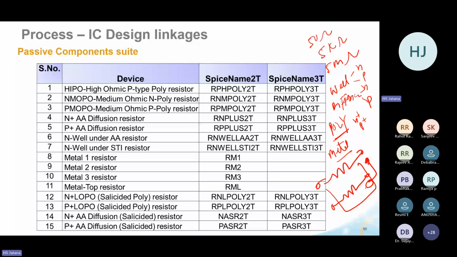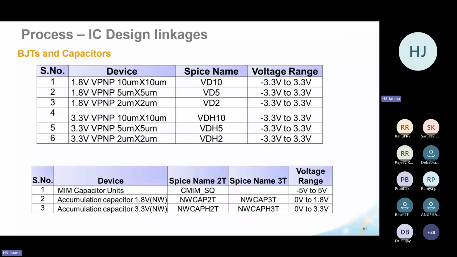based on his requirement. Then there are capacitors available, and nowadays they are basically MIM caps, having a density of 2 femtofarad per micrometer square.